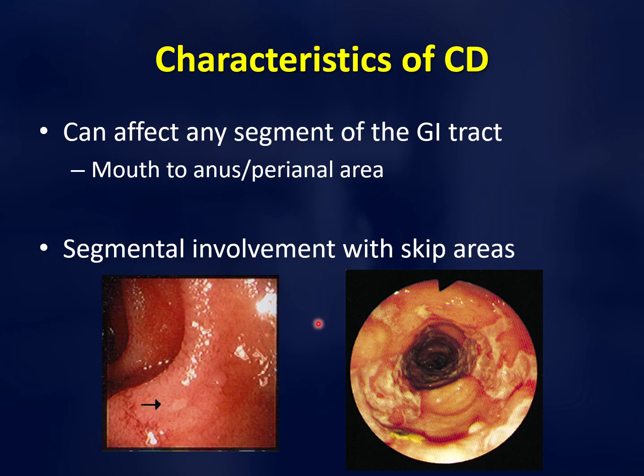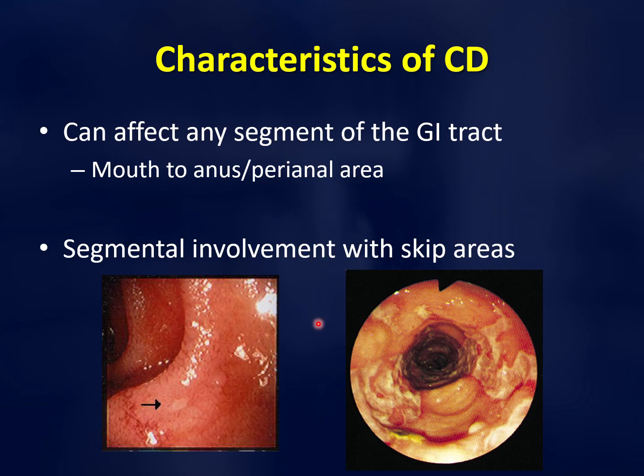So the main difference endoscopically between ulcerative colitis and Crohn's disease is that Crohn's disease does not involve the rectum fully, while ulcerative colitis always involves the rectum fully. It's continuous, whereas the inflammation in Crohn's disease is discontinuous, or what we call segmental, and it can affect any part of the GI tract from the mouth till the anus.